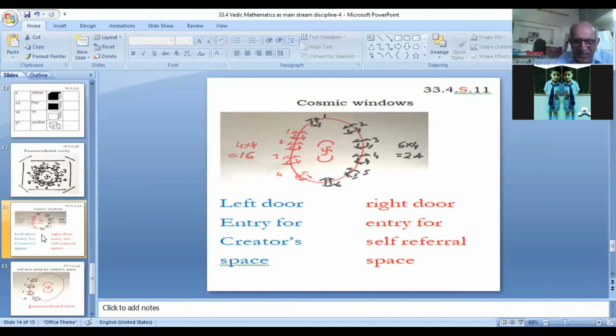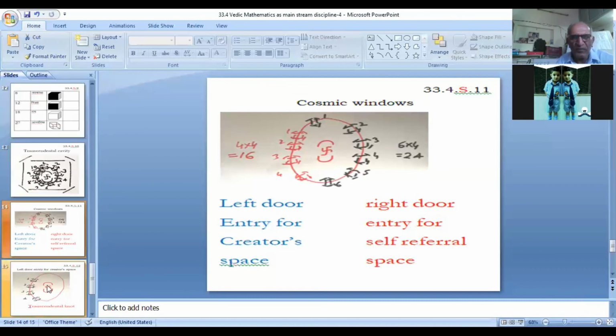It is this transcendental bridging, because of the cosmic windows at the transcendental cavity within the creator's space, which makes the organization of a left door entry for the creator's space and right door entry for the self-referral space around the transcendental seal. It is this format feature of the Vedic mathematical domain of the Ganita Sutras which deserves to be comprehended well.